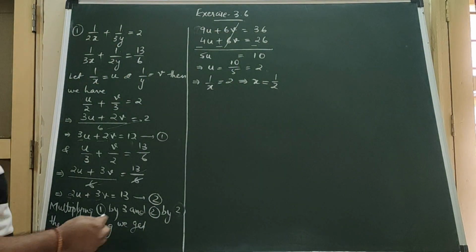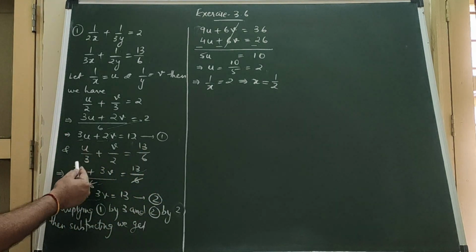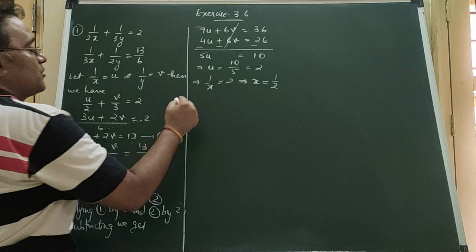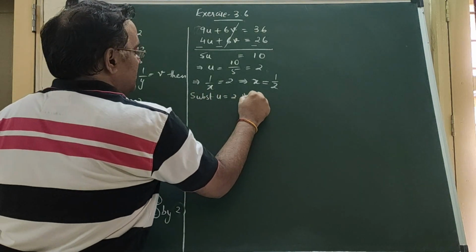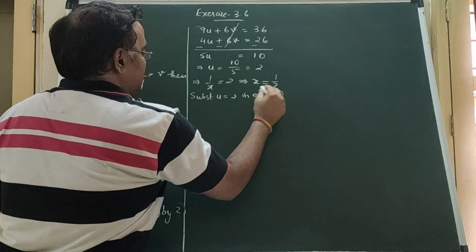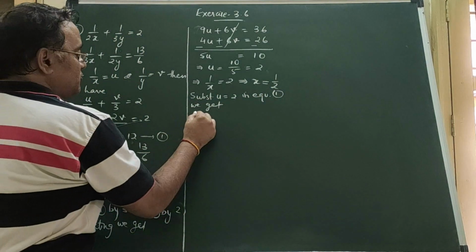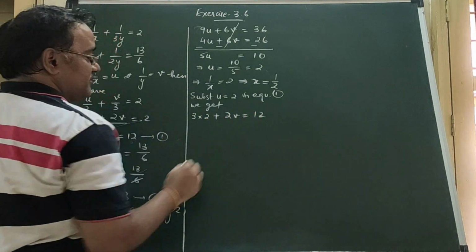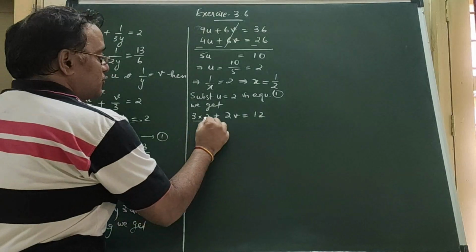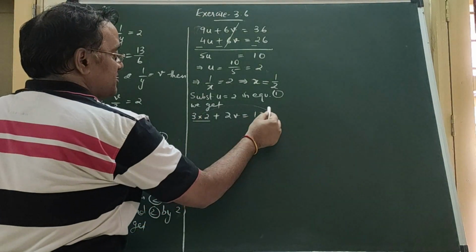Okay. Now we are going to substitute u in any one equation. So I will substitute in the first equation. Substituting u is equal to 2 in equation 1 we get, यहाँ पर मैं substitute कर रहा हूँ, 3 into 2 plus 2v is equal to 12. Okay. So 3 into 2 is 6. Now I am going to shift the 6 to this side.